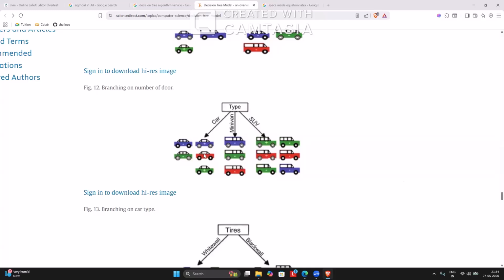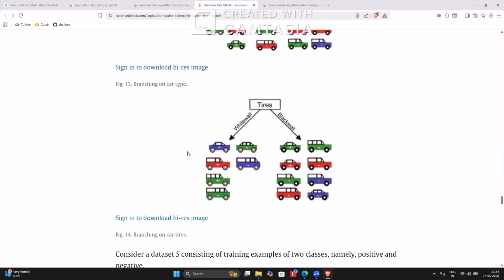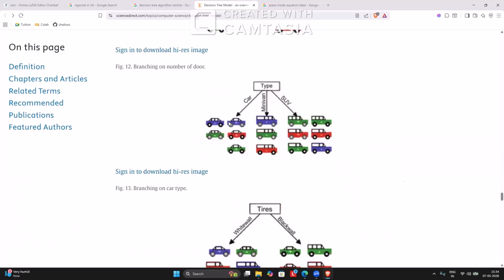Then again, the type is now neglected, right? So for this subset, again, I can choose color, tires, and doors. There are white tires, black tires, but all these things are car.